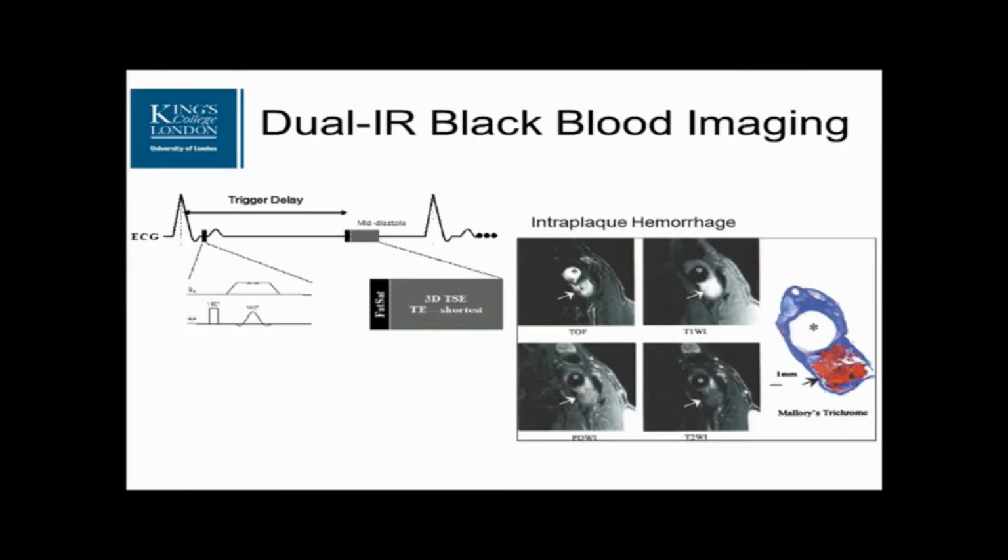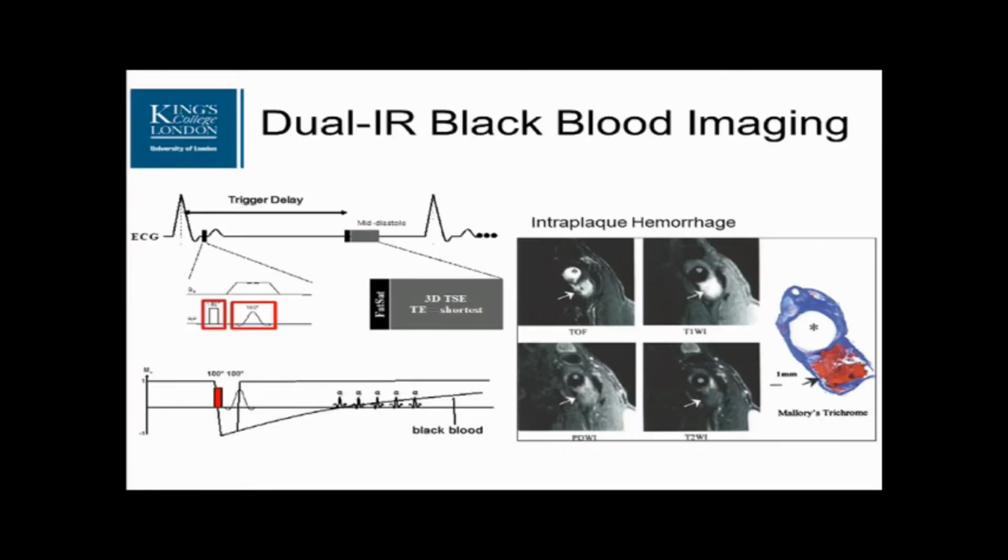The double inversion prepulse works as follows. We have a non-selective 180 pulse that flips the spins from +1 to -1. Then we have relaxation, and immediately afterwards we apply a slice selective 180 pulse, which reinverts the spins in the slice of interest. So there we get a signal from the tissues in the slice of interest.